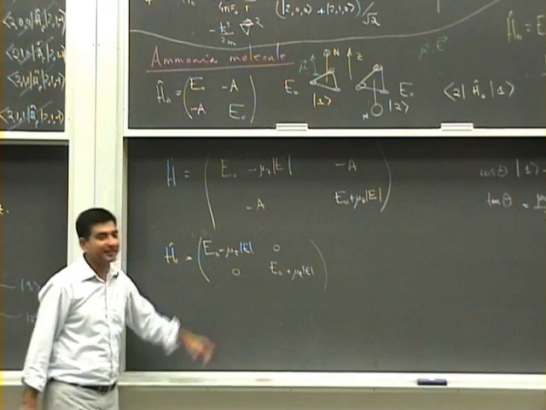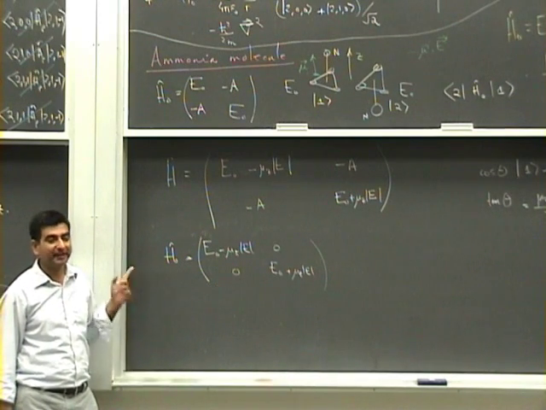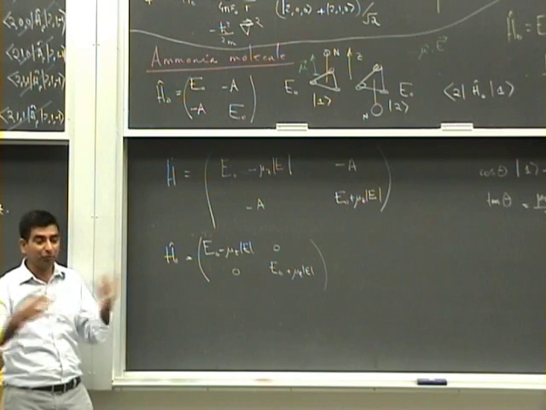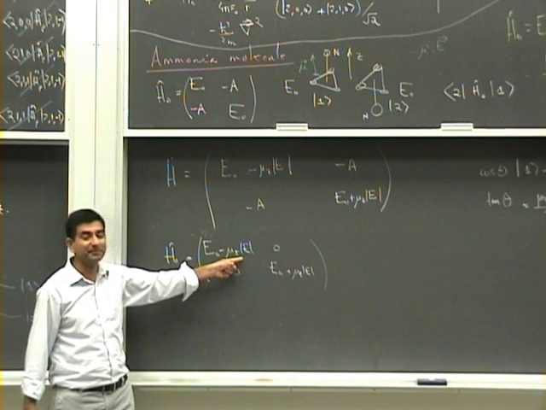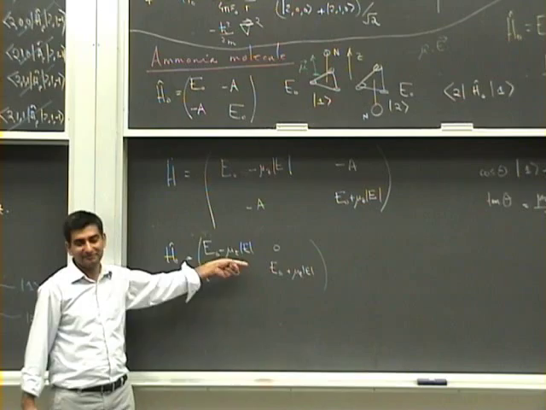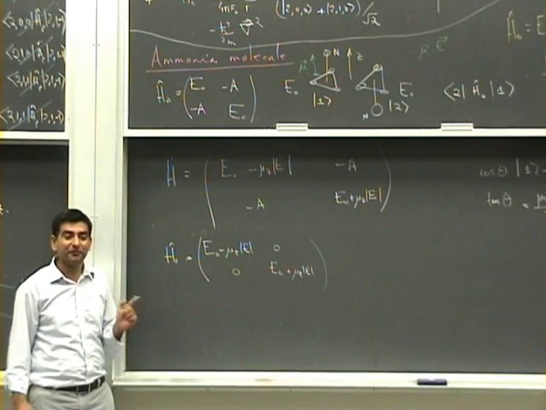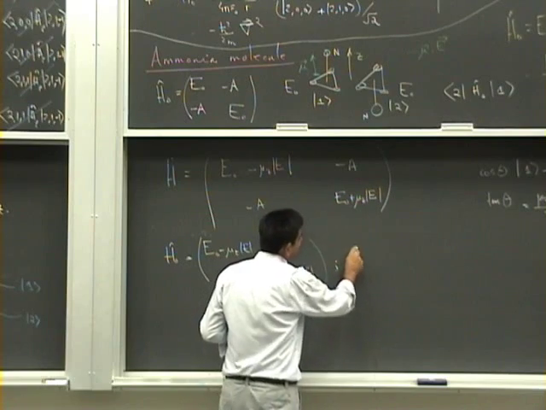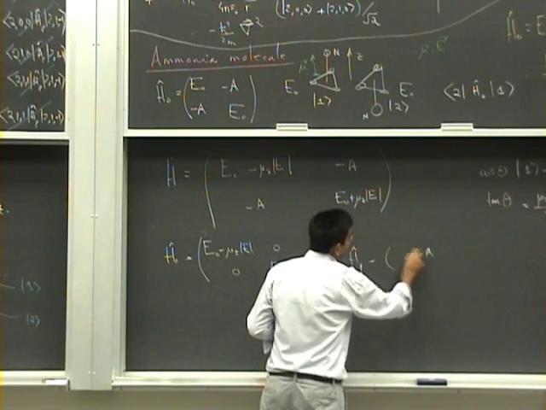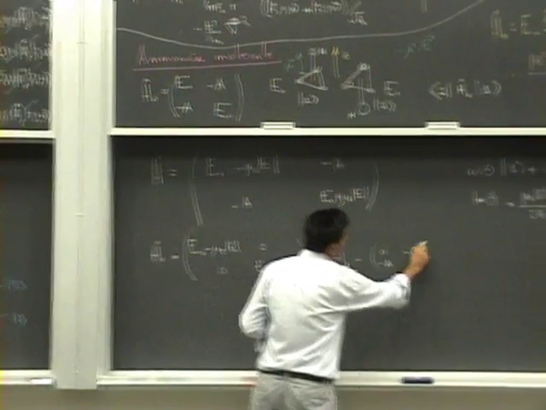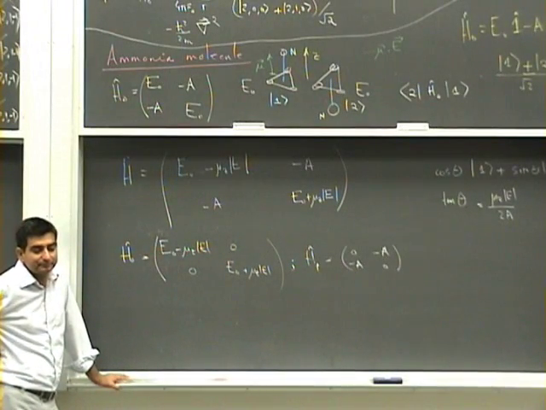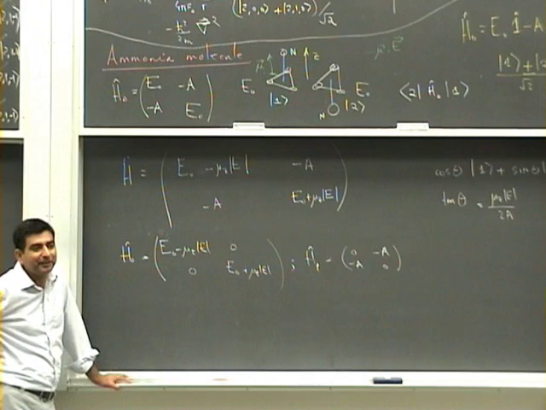Now the eigenstates of this H naught will be ket1 and ket2, and the eigenvalues will be grossly different, because this mu G E term is large. So we can introduce a perturbing Hamiltonian, which is given by minus A, minus A. Right? We can do that.